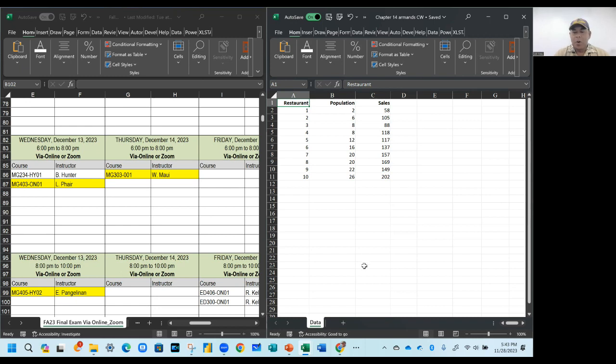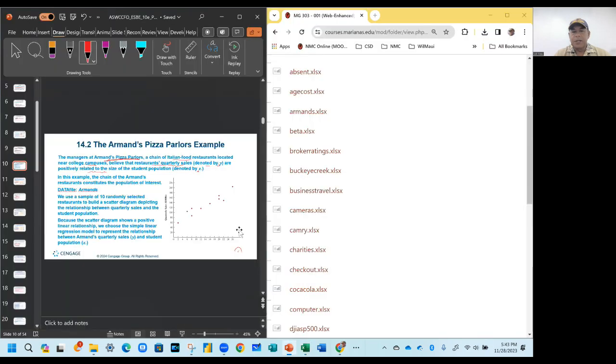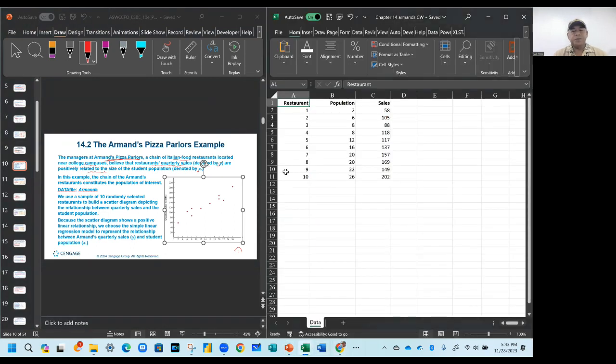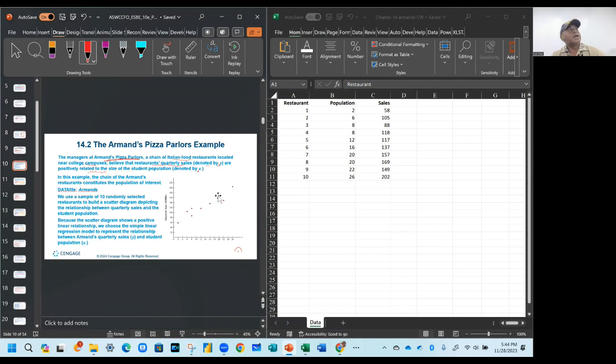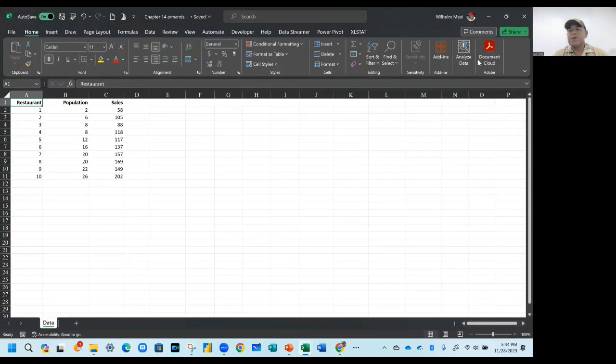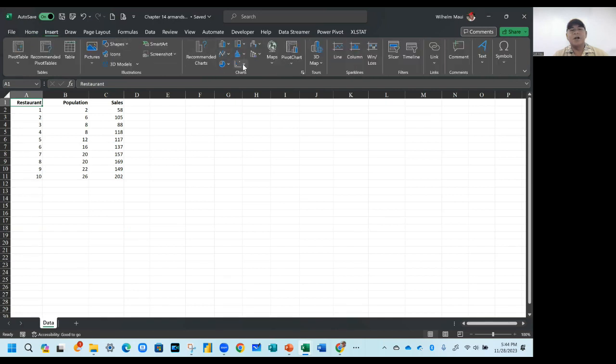Okay, so if I switch back to this one, there. If I want to replicate the scattergram or scatter plot, let me increase this so we can see it easily. We already did this before. You go to insert, and then you look at the charts, no?